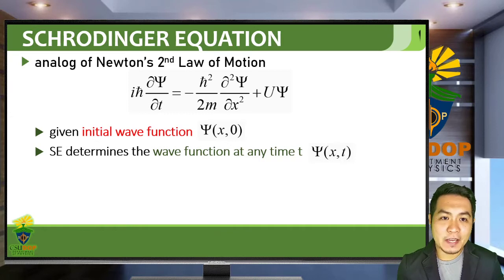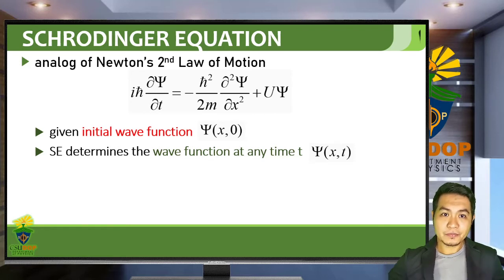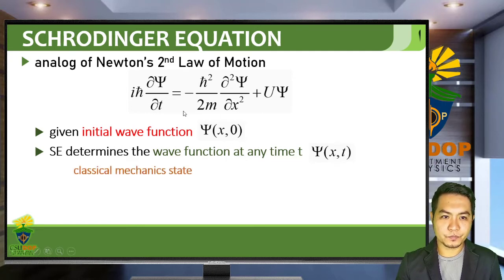In the same manner, in classical mechanics, when you are given the initial position or initial velocity, you can find the final position and final velocity of the object at any given time t. So the Schrödinger equation is similar in that matter. As a comparison, there are many state variables in classical mechanics.